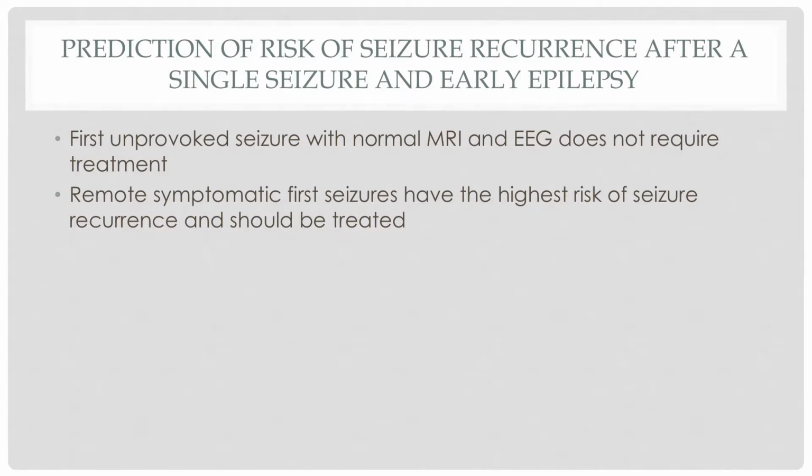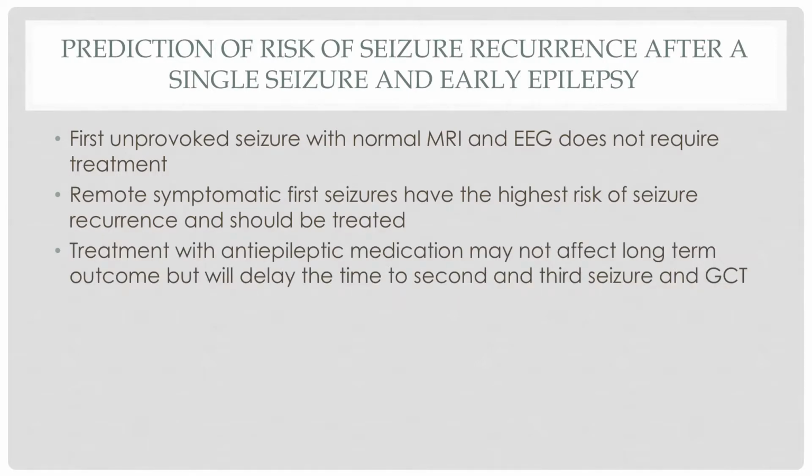I'm not going to wait for another seizure because the risk of subsequent seizure is about 76%. And the third point is that starting treatment early is not going to change the risk of future seizures. It's only going to delay the next seizure.